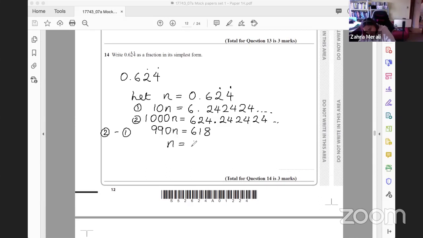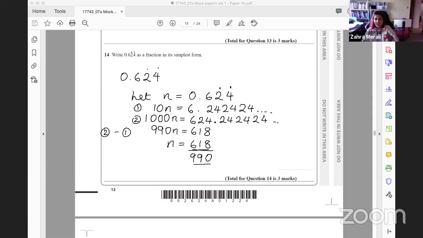And then to get n, I divide by that. Now, that is not in its simplest form. Now, hopefully you recognize, if you don't, it's fine, you could have done the halving thing, but you recognize that all these numbers go into 3. Now, another way to know that something always divides by 3 is if you add up the digits separately, and if that divides by 3, the number divides by 3.